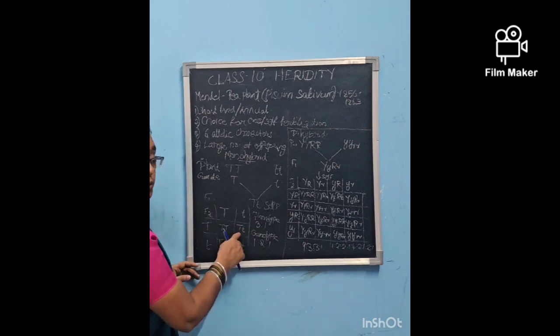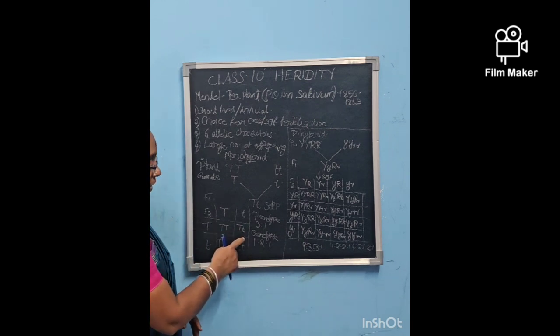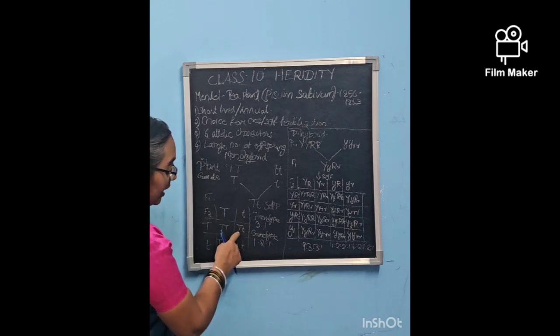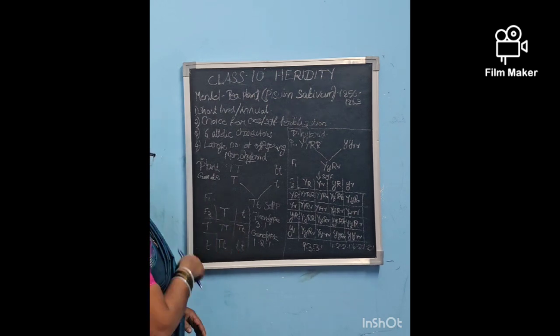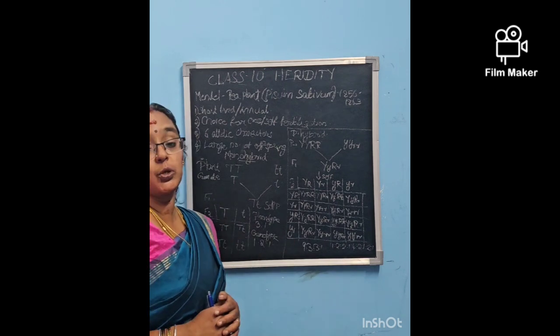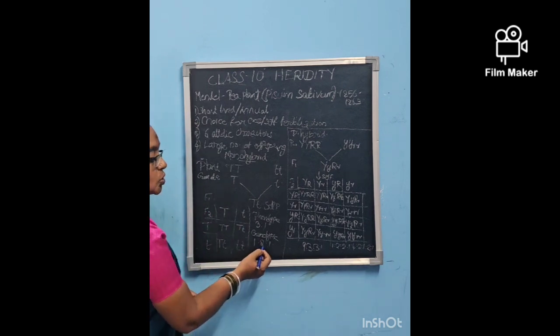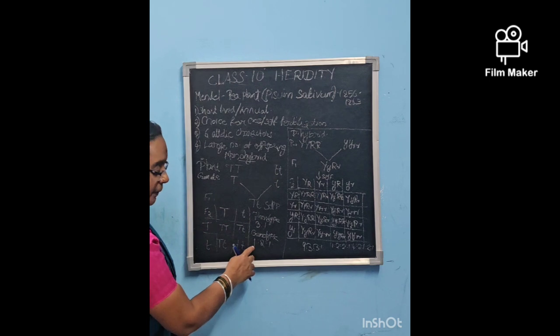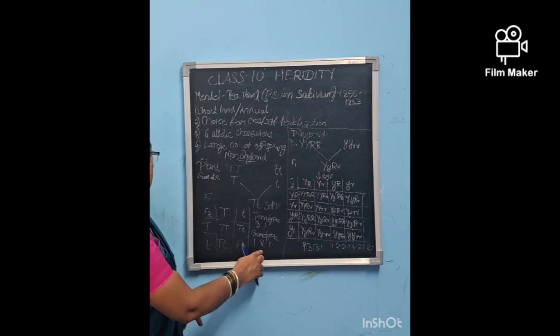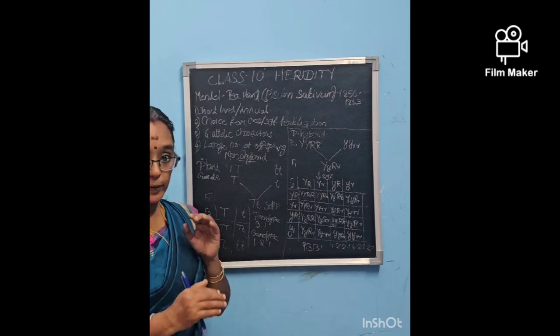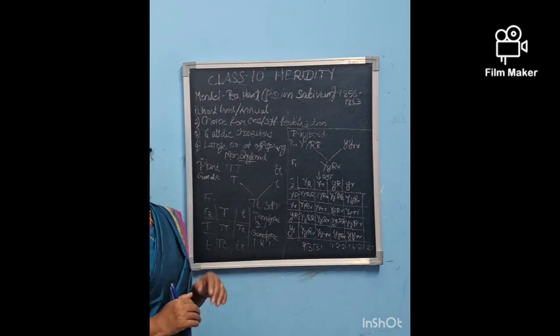And the other 2 are not homozygous, they are heterozygous, that is, they are hybrid plants. They are 2. So what is the genotypic ratio? Genotypic ratio is 1:2:1. 1 means pure tall, 2 means hybrid tall, and 1 means a pure dwarf. So this is the genotypic ratio.